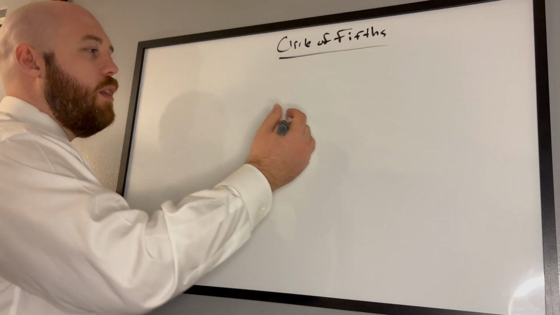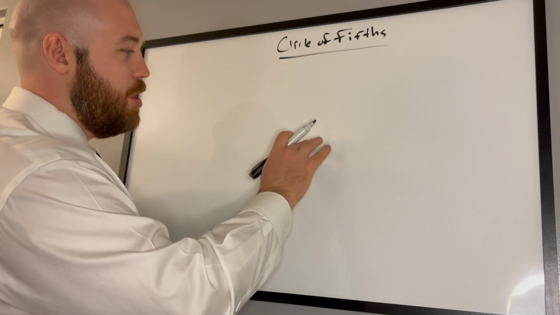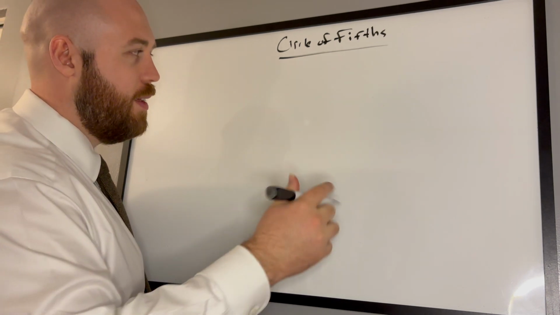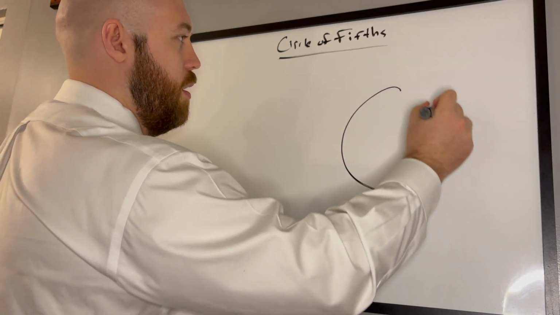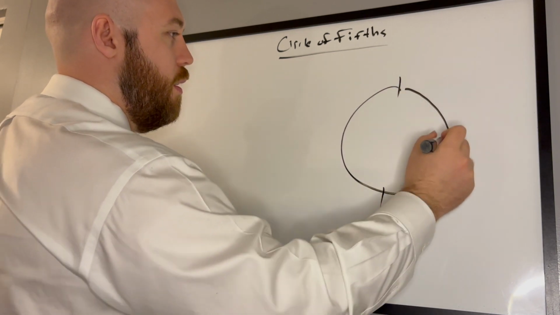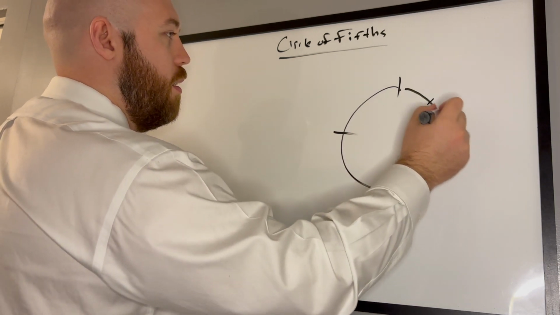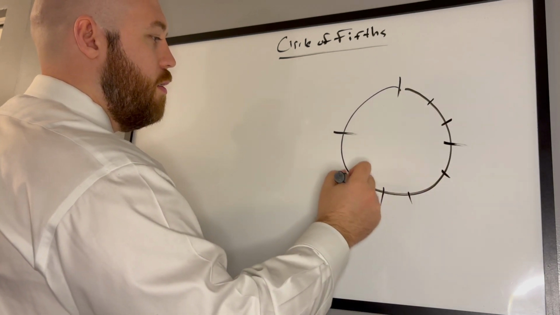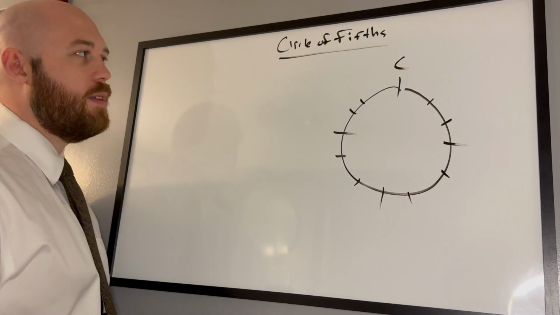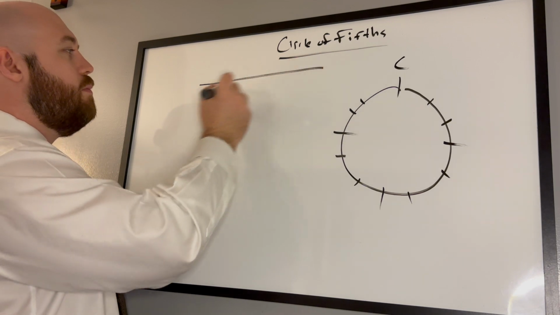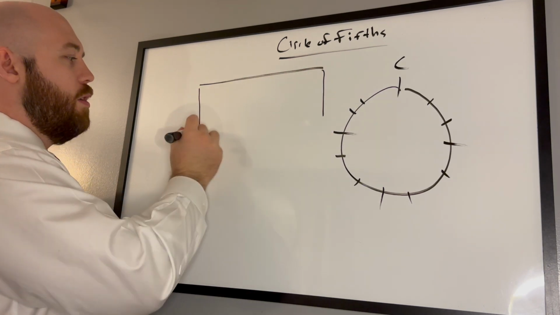So what is it? Well, just like the title says, it's a circle. We'll just write it over here. Okay? Circle of fifths. We start at the top here with C. Now, what order do they go in?